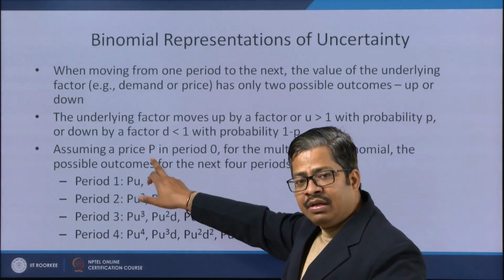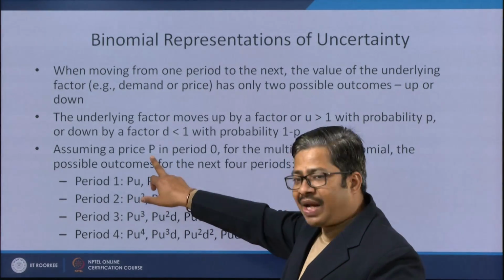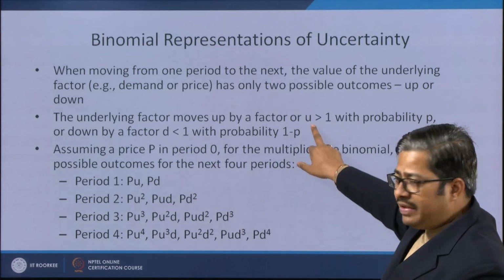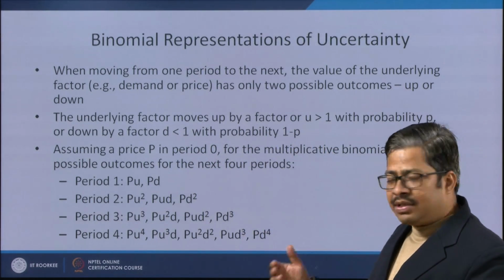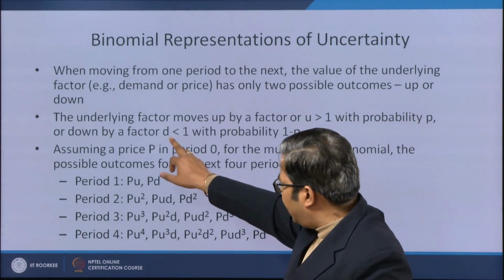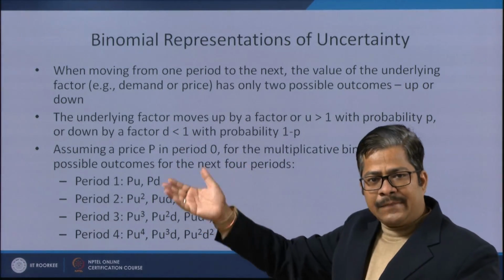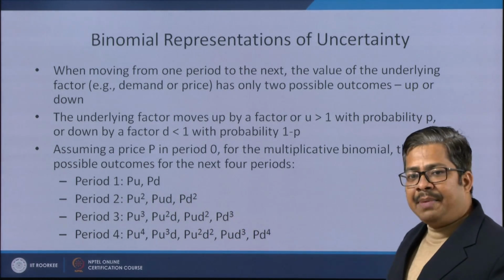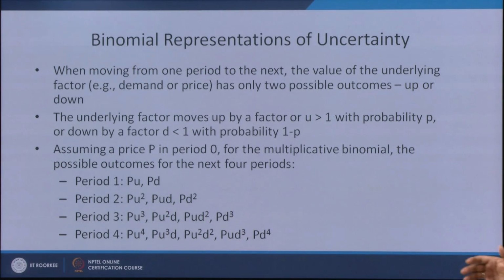In that case we took price as our underlying factor p, and small u is the factor by which it can increase in the next period and small d is the factor by which it can decrease in the subsequent period. We saw this type of table, and we also discussed it with the help of a binomial tree.